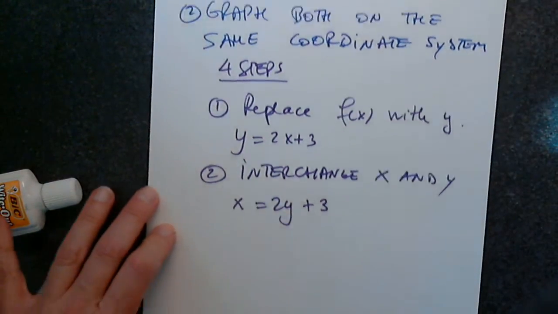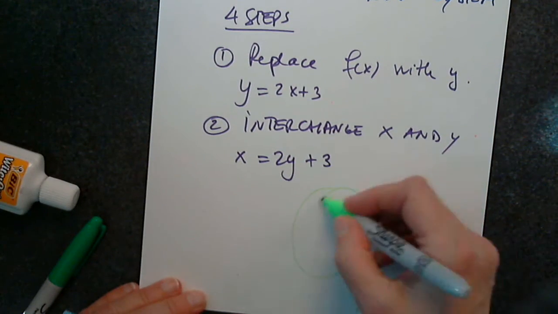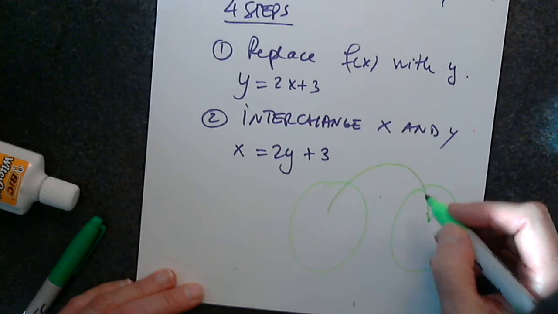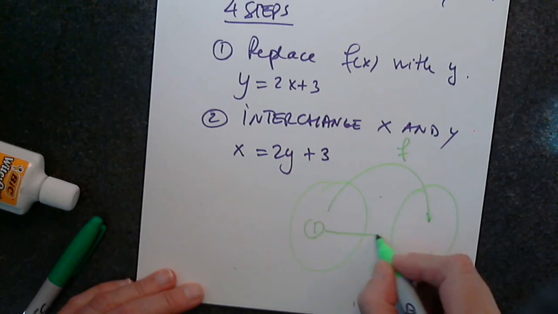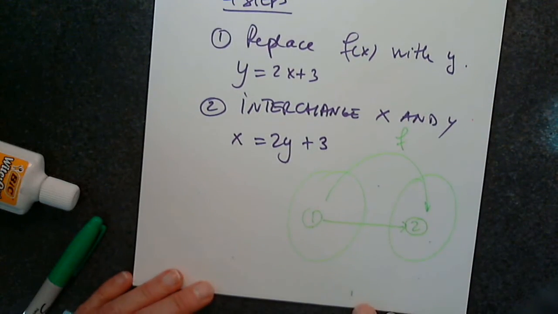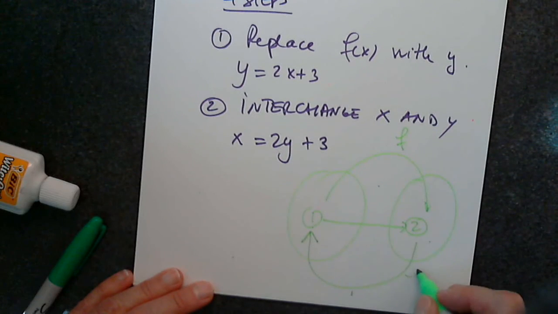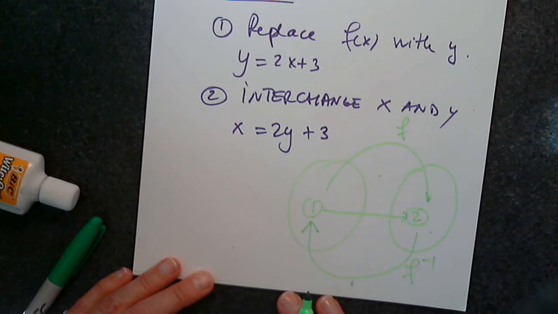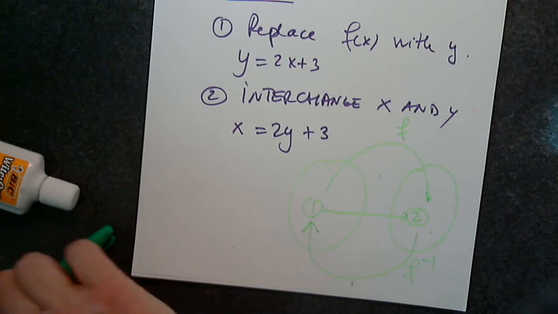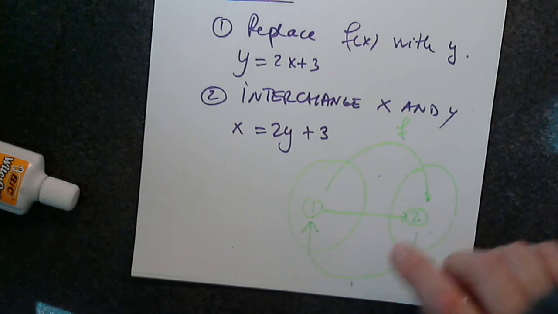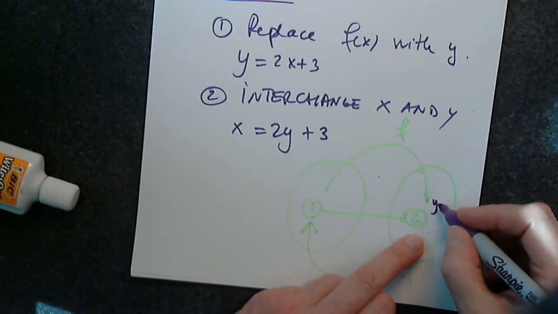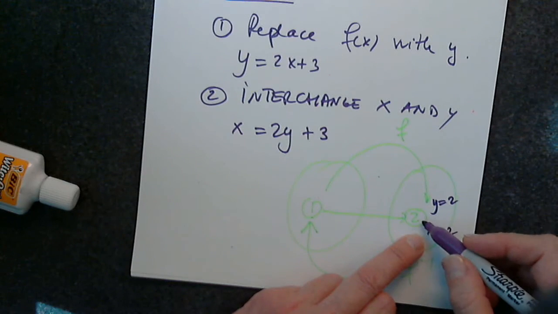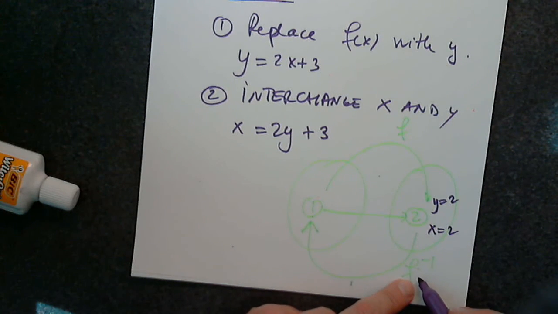So, if you remember last time we had the connection between the function and its inverse. And we said the function will take 1 to 2, for example. The inverse function will take 2 back to 1. What does this mean? It means that now this value, y equals 2 for function f, becomes x equals 2 for function f inverse.